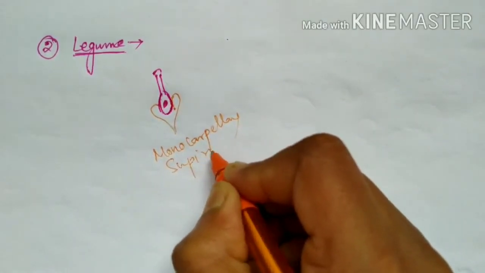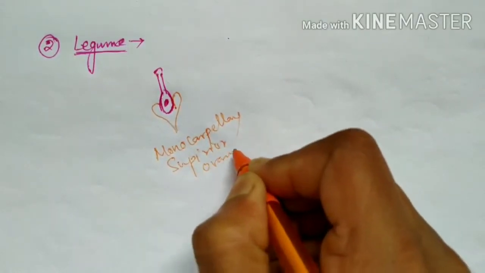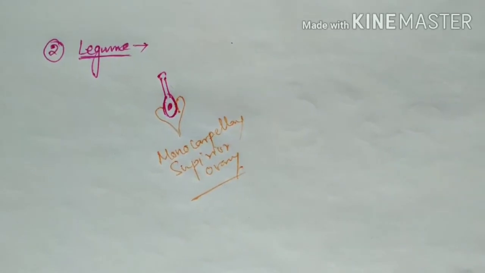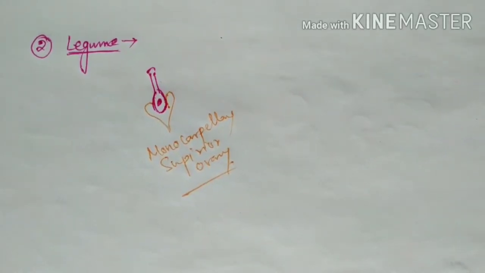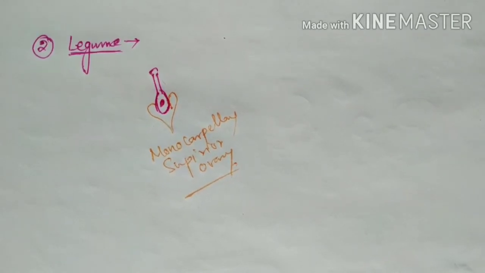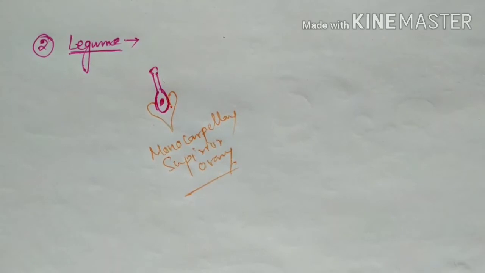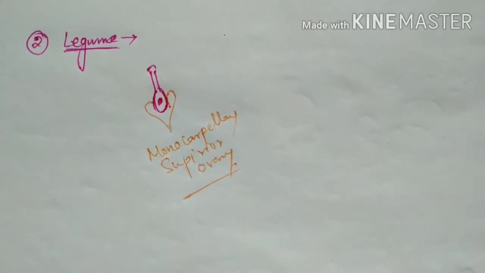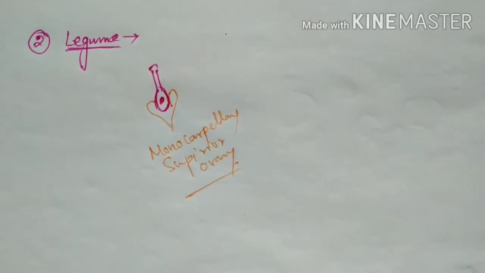In this legume fruit, after ripening it dehisces through both the ventral and dorsal sutures.